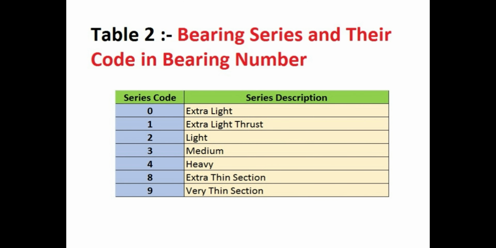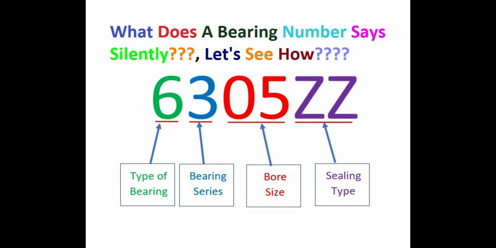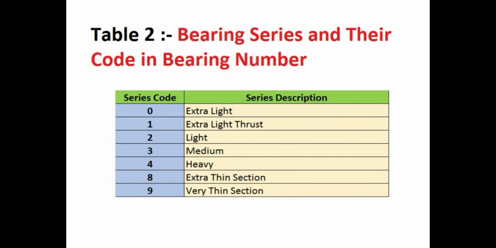Bearing series and their code in bearing number. The second digit of a bearing pattern number indicates the bearing series. Series of a bearing denotes the toughness of the bearing. They are series code and series descriptions. If series code 0, the series description is extra light.